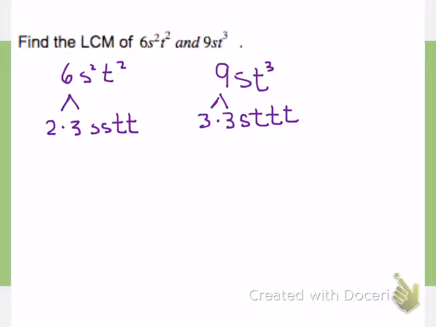Now the least common multiple is a product that has to contain both of the starting values. So it has to have the building blocks of each.